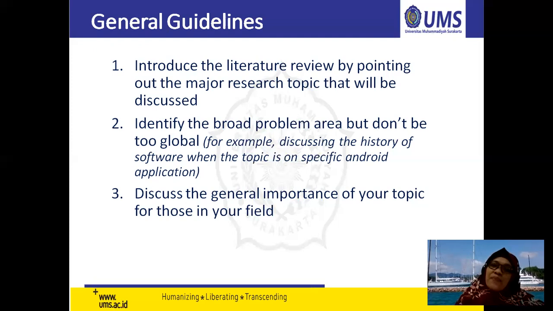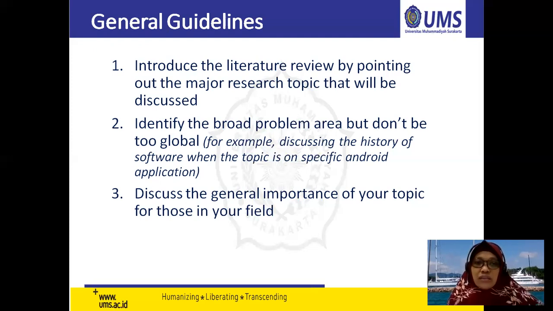For example, we would be discussing the history of software when the topic is specifically an Android application. If our research topic is an Android application for students, what must I explain in the literature review?